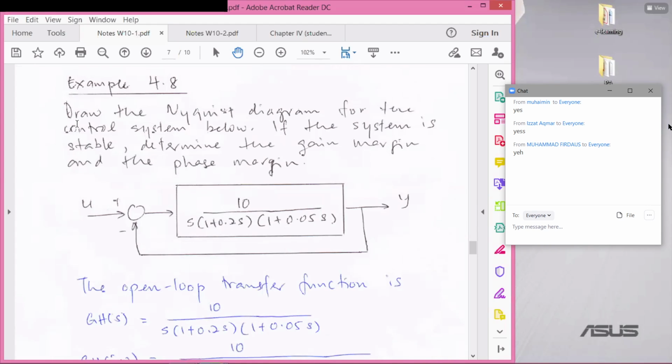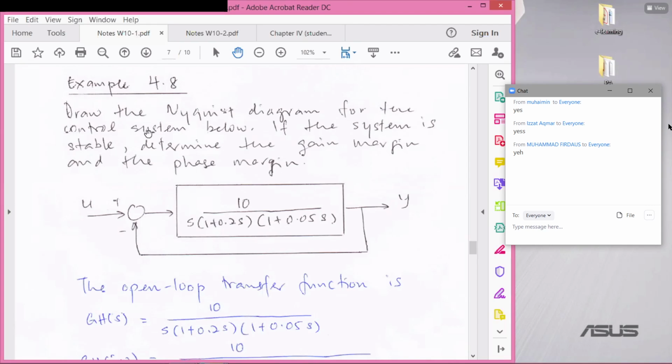The first task is to draw the Nyquist diagram for the control system shown below. If the system is stable, determine the gain and phase margin of the system. A simple question like this probably is going to earn you 6 marks from your test. Just draw the Nyquist diagram and compute the gain margin and the phase margin.